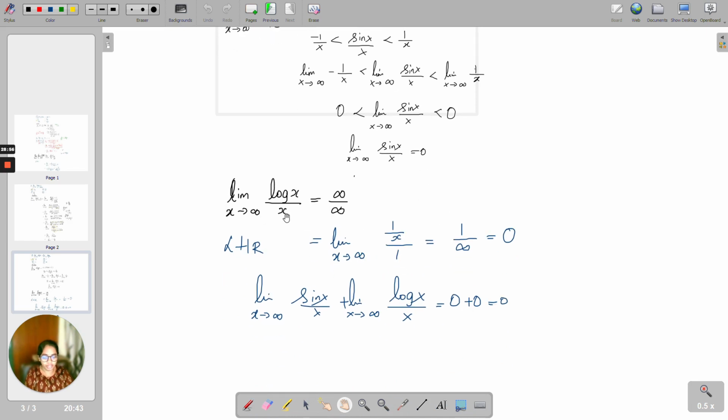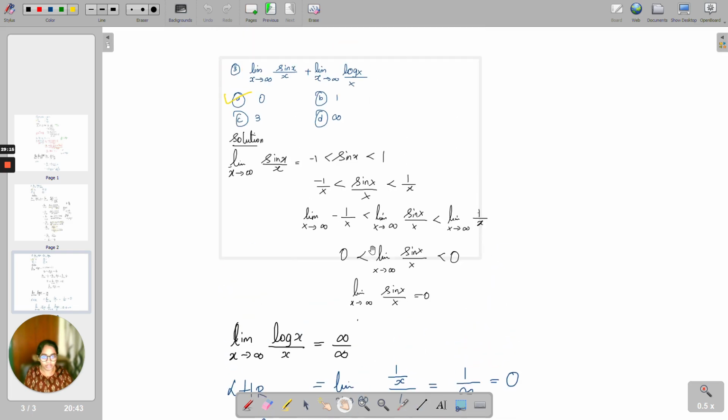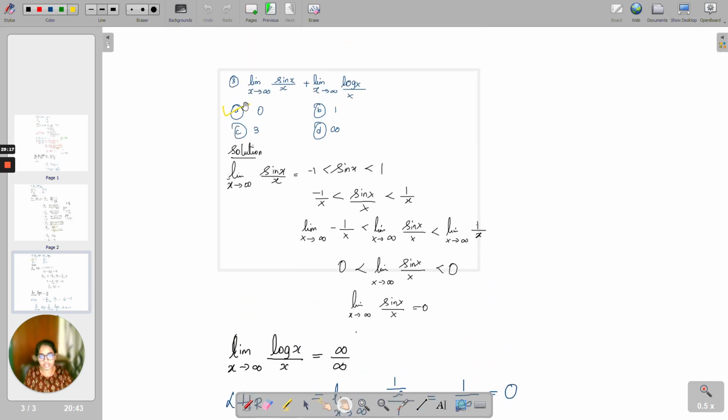For log x divided by x, we got the infinity by infinity form, so we applied L'Hospital's rule and found that the value of log x divided by x as x tends to infinity is 0. By adding 0 plus 0, we got 0 itself. So our answer is option A.